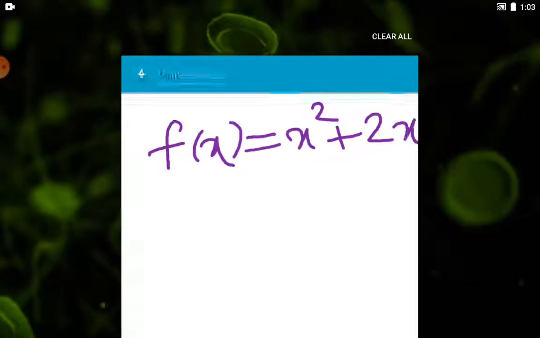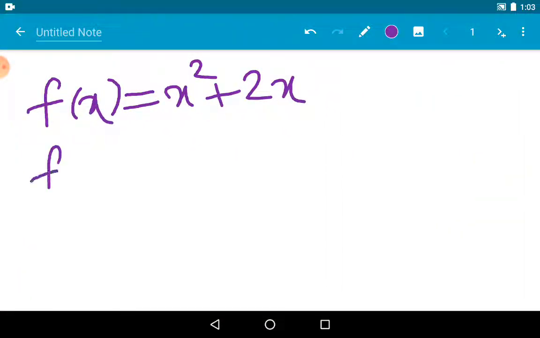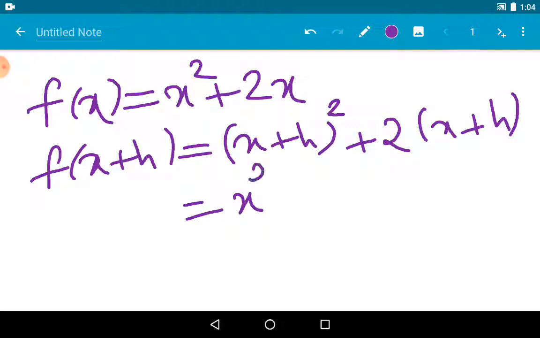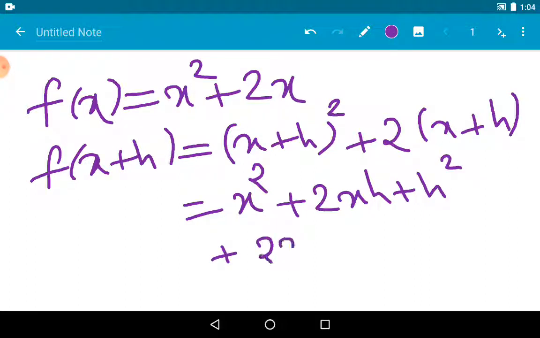That is, f of x plus h equals x plus h whole square plus 2 into x plus h. We can use the formula a plus b whole square equals a square plus 2ab plus b square. Then here it will be x square plus 2xh plus h square plus 2x plus 2h.